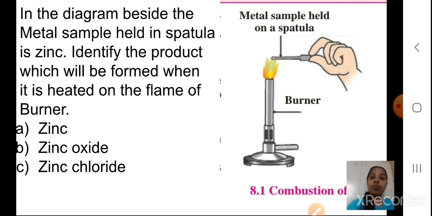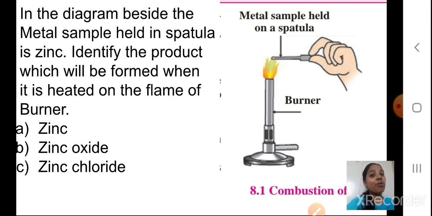Now the options which I have given you: first one is zinc. Did you think it will be zinc? You identify. Second can be zinc oxide. Third, zinc chloride. Now students, if I choose the first option, zinc, I am getting a reactant back as product. Second option is zinc oxide. Third option is zinc chloride. What do you think? What will happen?